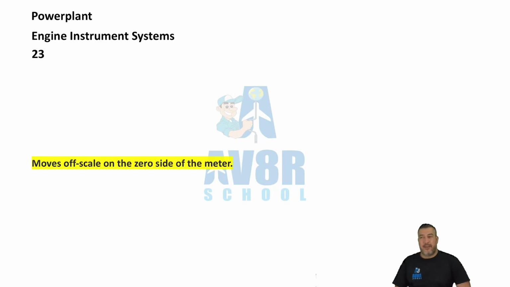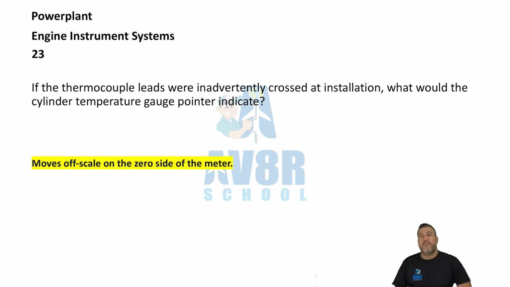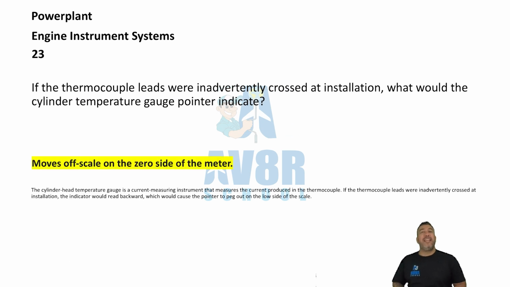Number 23: moves off scale on the 0 side of the meter. So if the thermocouple leads were inadvertently crossed at installation, what would the cylinder temperature gauge pointer indicate?